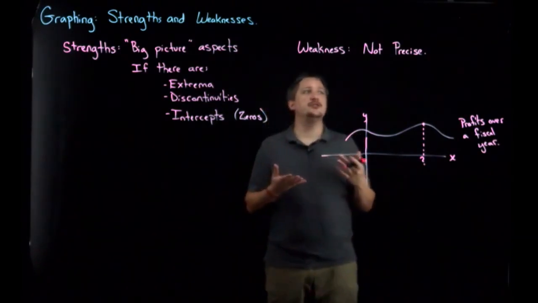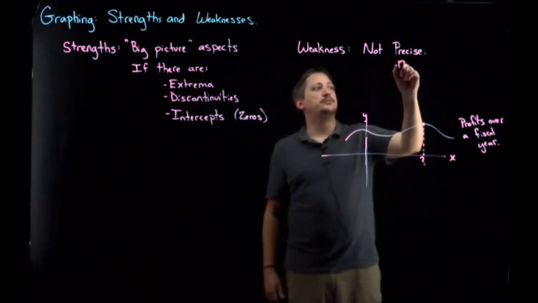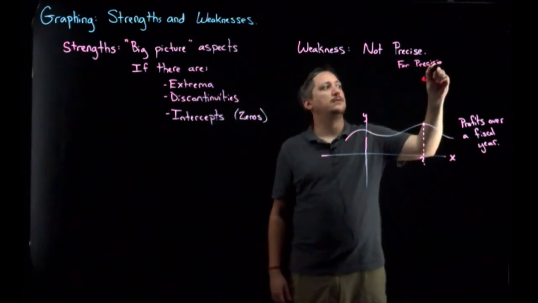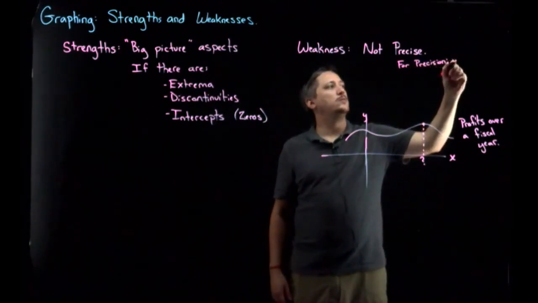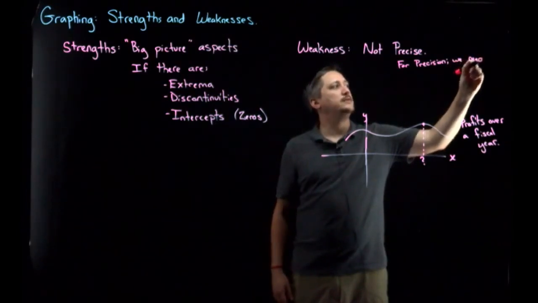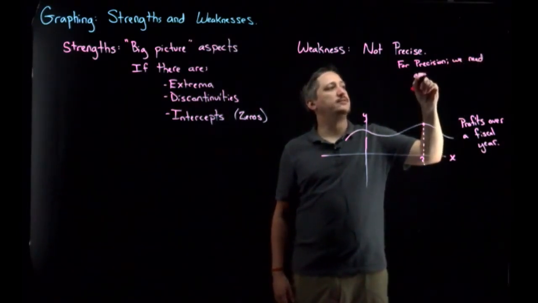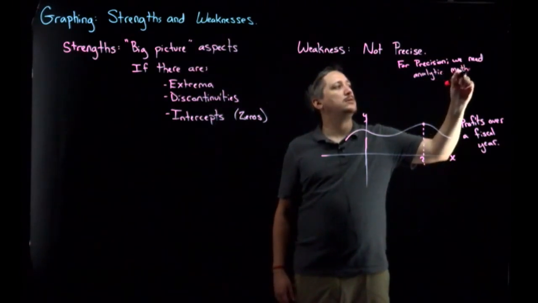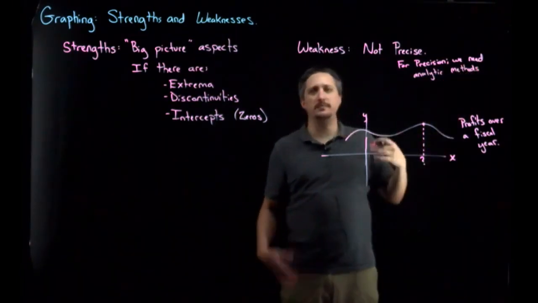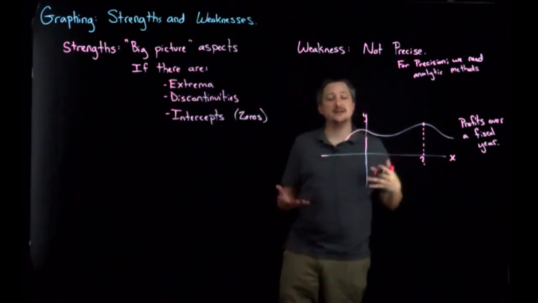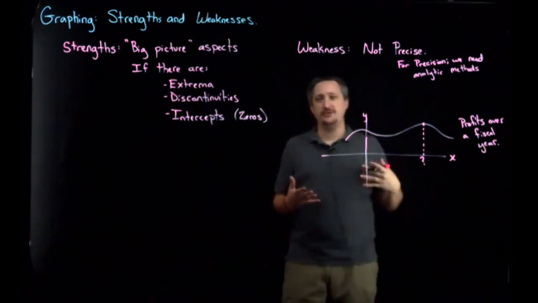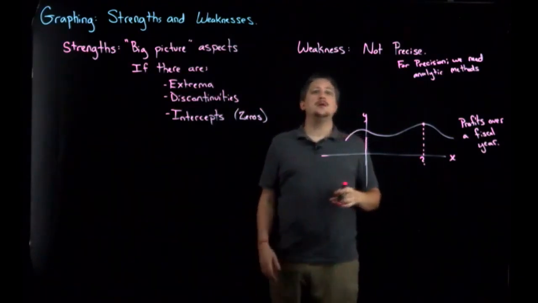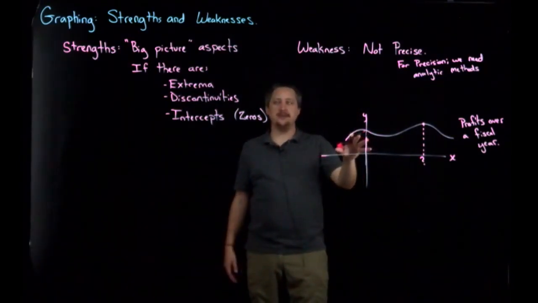And in fact, for precision, we need analytic methods. In this class, mainly, not entirely, that means doing things algebraically, solving for something, whereas with graphs, you can't really do that.